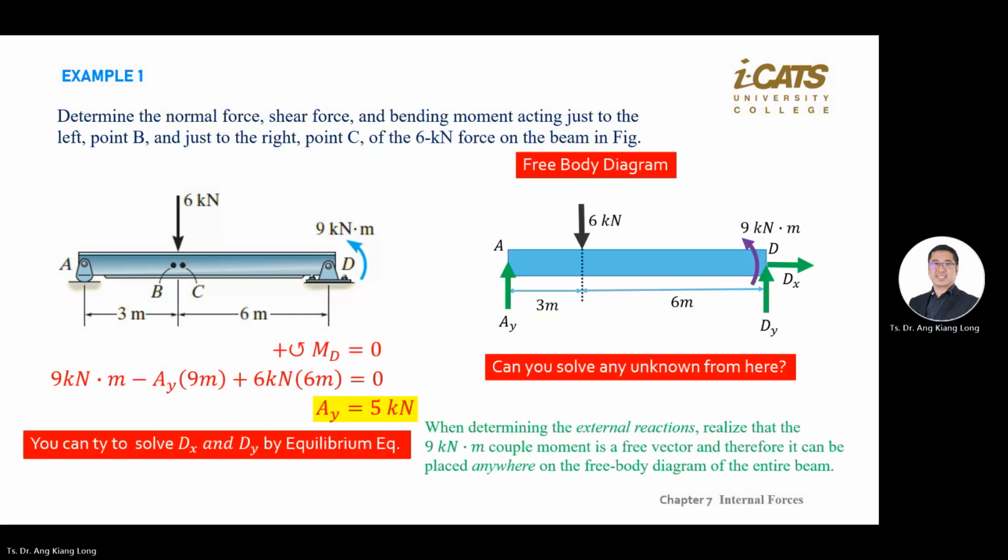So you already solved for moment. Now solve for forces, because you only have DY and DX left. You know DX is 0, but mathematically you still need to prove it's 0.